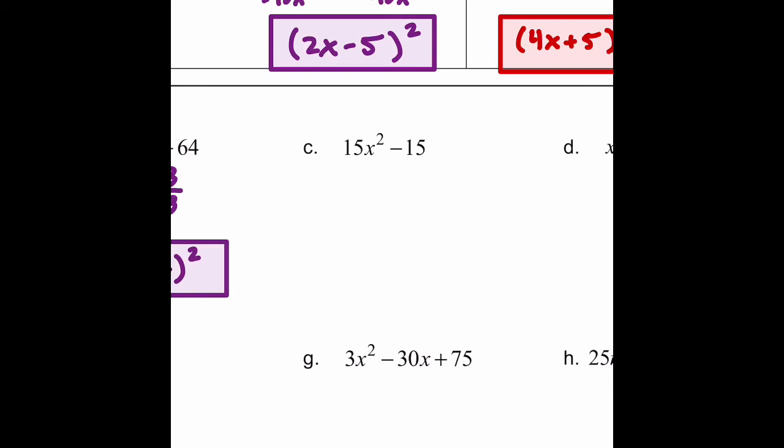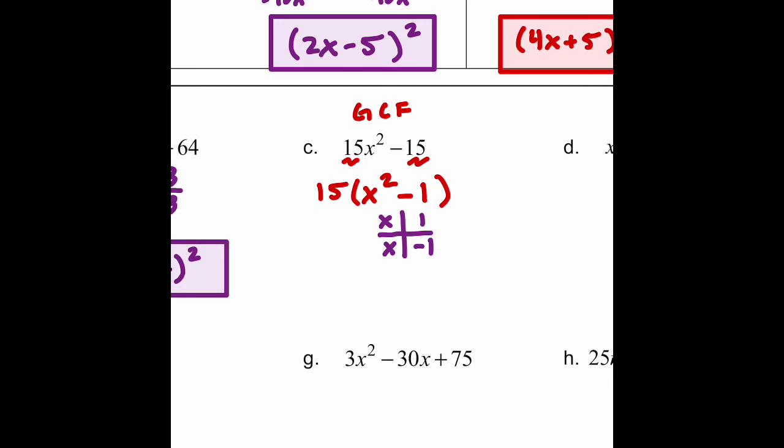This one a little bit trickier because it does require a GCF first. So I'm going to go ahead and take out that greatest common factor first, which of course in this case is a 15. So I'll factor that 15 out, and that's going to leave me with 1x squared minus 1. And then I can go ahead and t-chart this part that's in the parentheses here, because this is another difference of squares where I have x and 1 and negative 1, because 1 times negative 1 does give me negative 1 there.